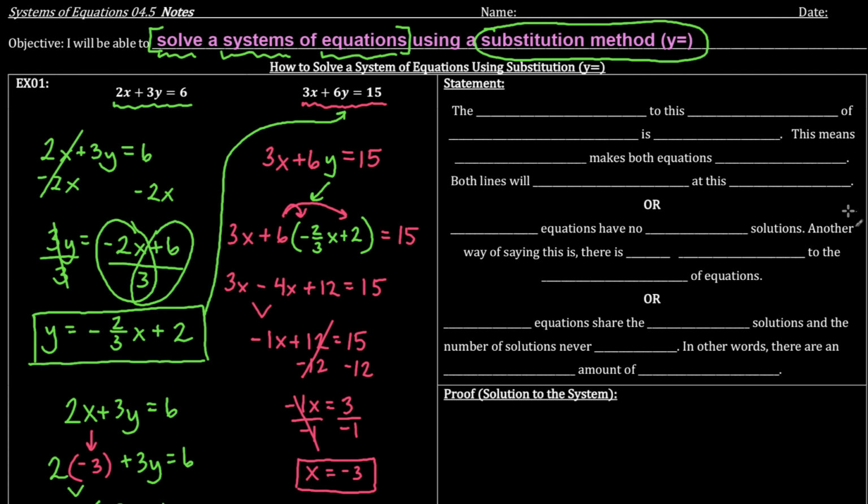So the solution to this system of equations is negative 3, positive 4. This means that negative 3, comma 4 makes both equations true. Visually, both lines will intersect. Both lines of solutions will intersect at this point.